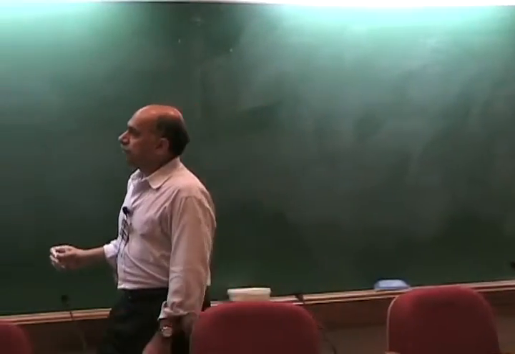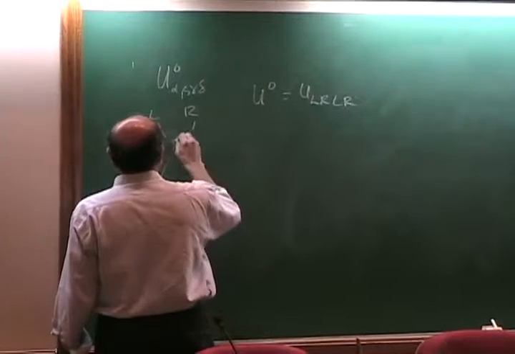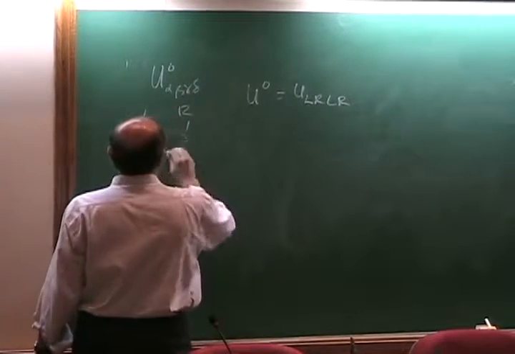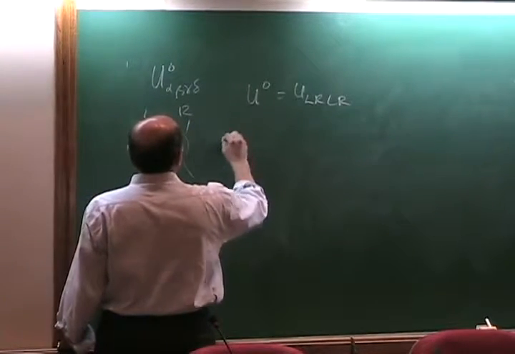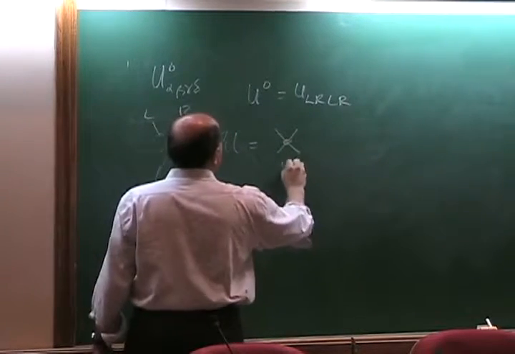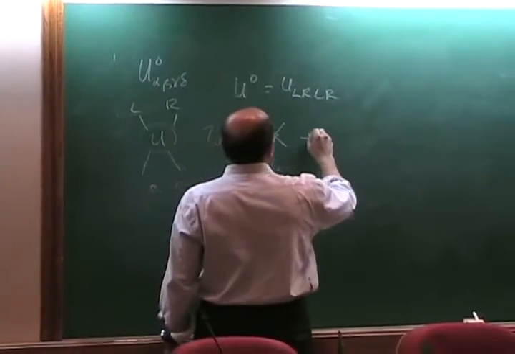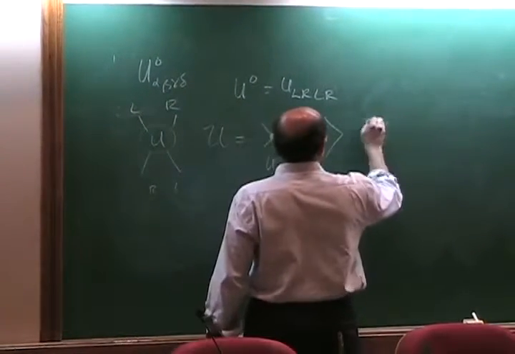Suppose you're doing a scattering amplitude of 4 fermions. Let's call the whole thing some function u. That is equal to a u0 you get from your Boltzmann weight. Then you're supposed to draw a diagram that looks like this.